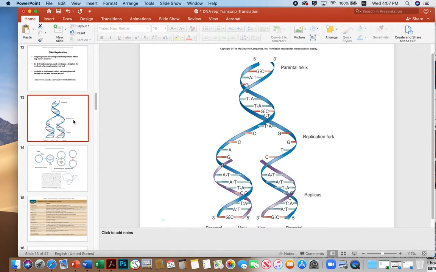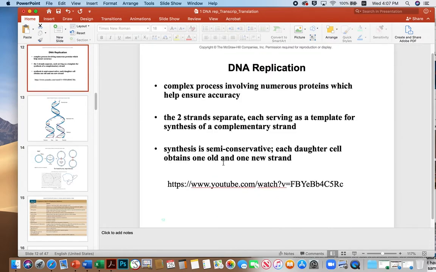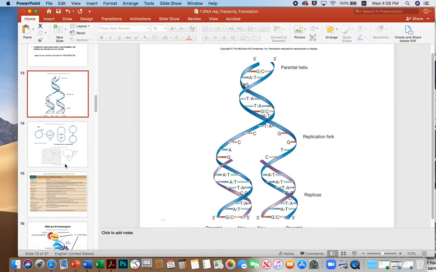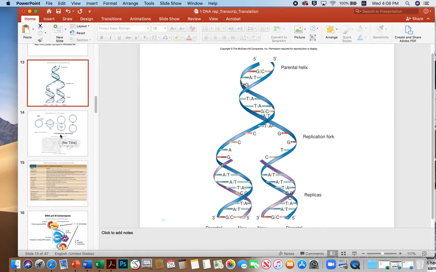This one's just showing you the concept that's indicated in this slide about semi-conservative DNA replication. In that particular case, the parental helix is being unwound, and so that creates two replication forks. Each replication fork then consists of a parental strand and then the purple daughter strand, and that shows you the concept of semi-conservative replication.